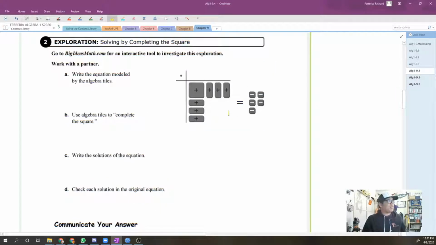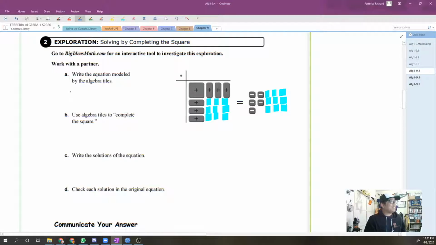Here's exploration 2. We're going to do something similar with this. So the first thing is, if I want to complete the square, what do I need to add? I need to add 1, 2, 3, 4, 5, 6, 7, 8, 9 tiles in order to complete the square. So write the equation in terms of algebra tiles.